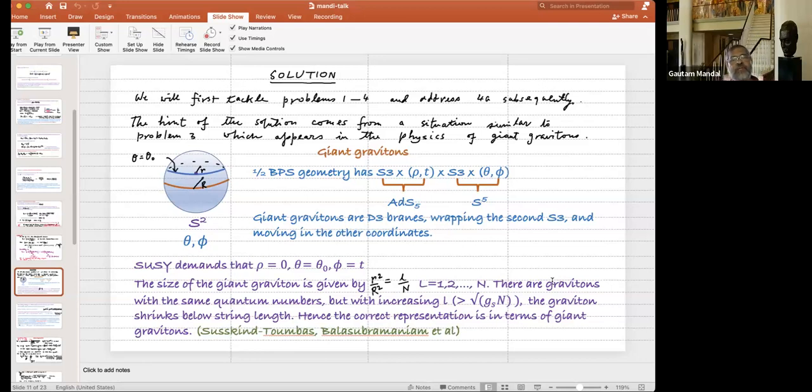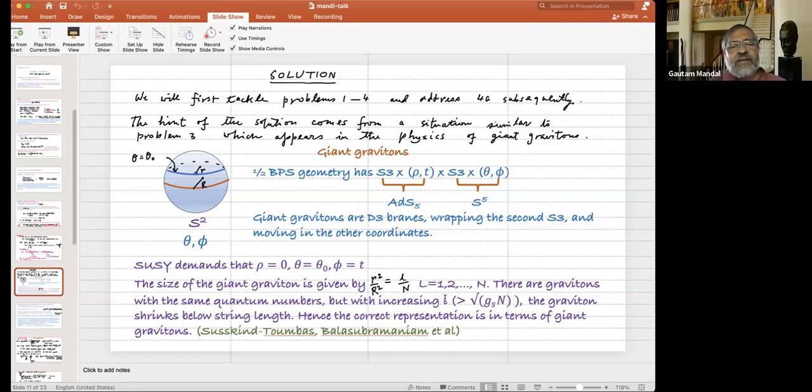But what was found soon enough is that the graviton interpretation had a problem: with increasing L, even when L is greater than square root of g_s N, which is a scaled coupling, the graviton actually shrinks below the string length.